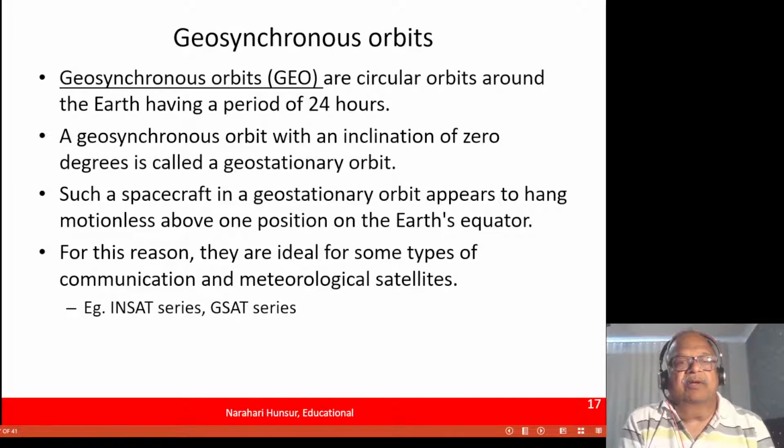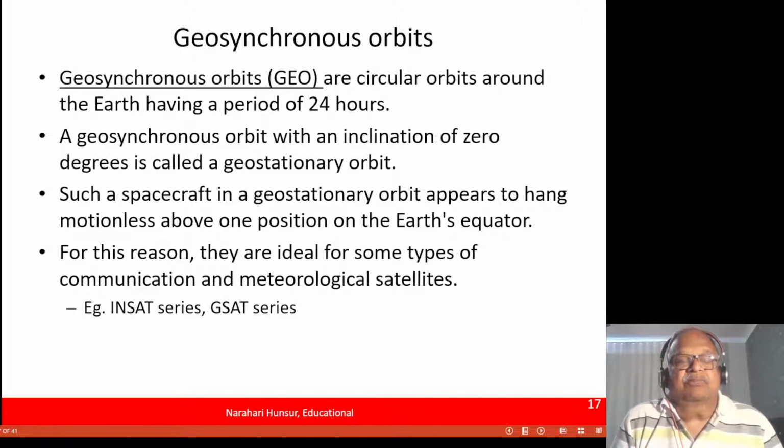The other popular orbit is what's called a geosynchronous orbit. These are circular orbits more or less above the equator, and their period is 24 hours, meaning they go around the Earth once in 24 hours. Incidentally, the Earth also goes around in the same period.